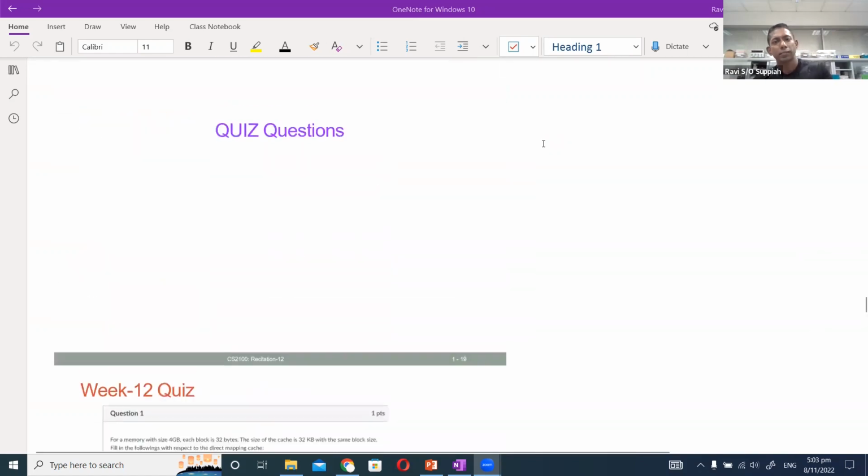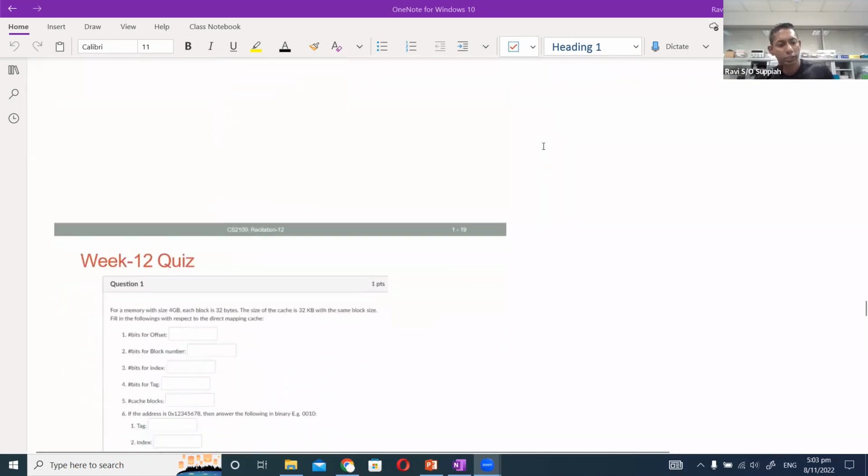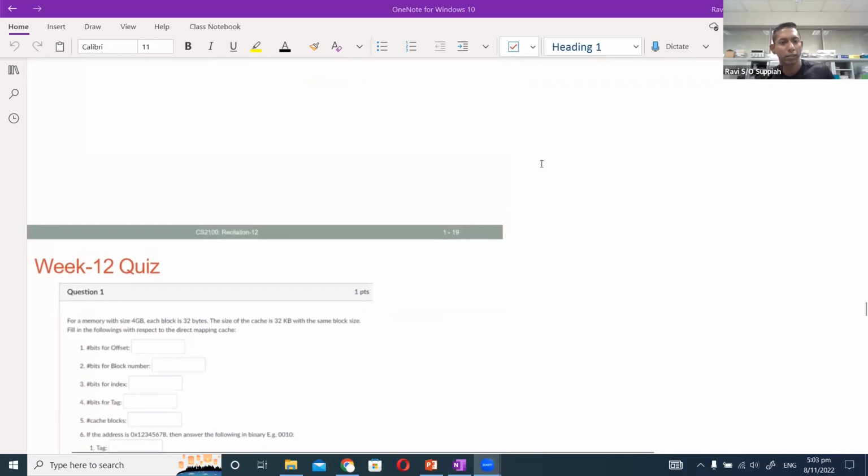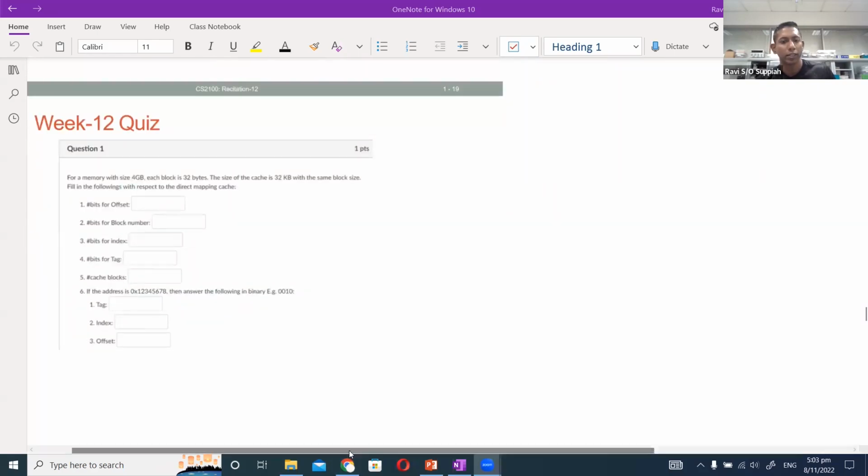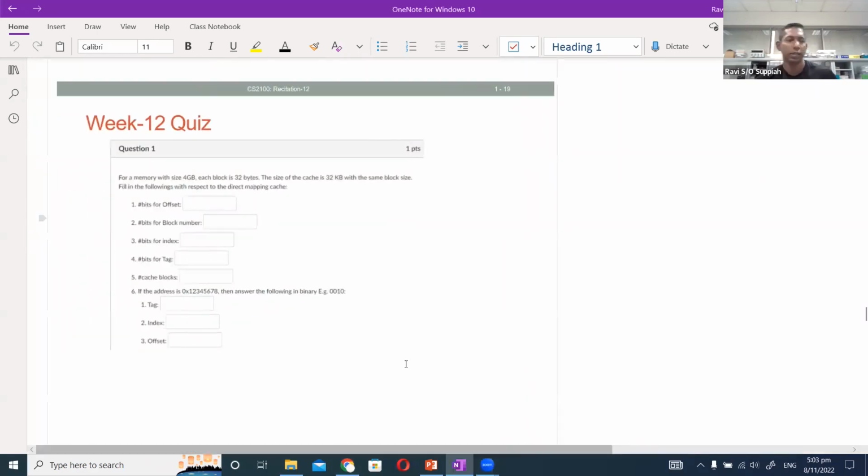Okay, so in terms of cache, you've gone through the material, and so basically there are three general types of cache. One is your direct map cache, which is the most straightforward one, and then your set-associative and then fully associative.